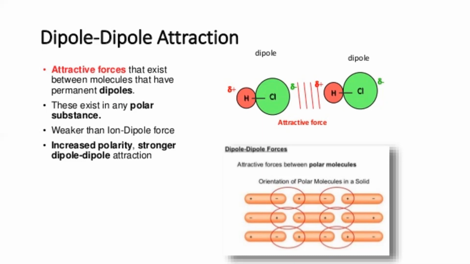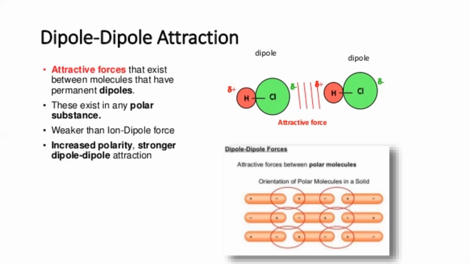It's not as strong as something like an ion-dipole, where you would have a dipole and then an ion over here instead of another dipole. Say instead I had just sodium or something like that, it would be much more strongly attracted.